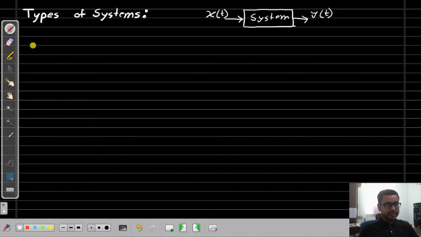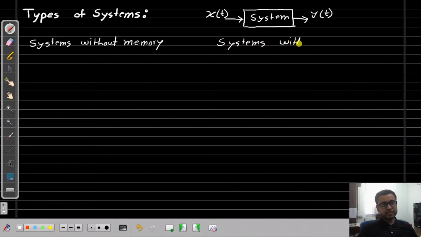Now, these systems can be classified as systems without memory and systems with memory.